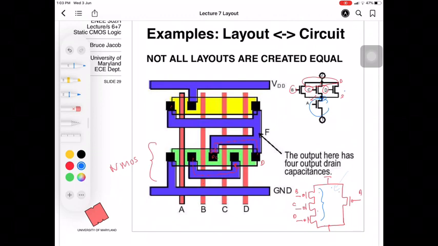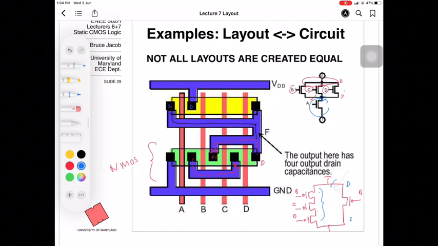Okay, so now when you want to draw the layout, you look here, A, this is the source and this is the drain. The source of A is connected to F here, and the other end of A, which is the drain of A, is connected to VDD.